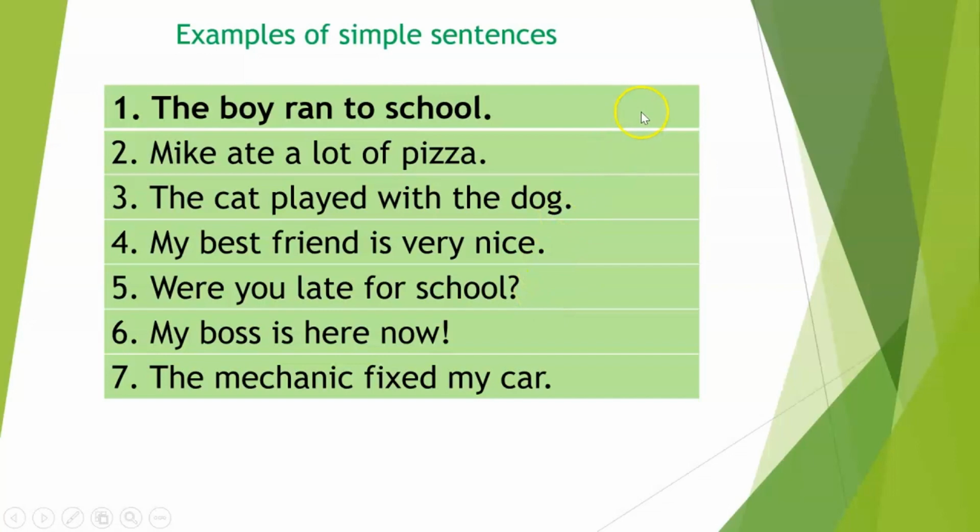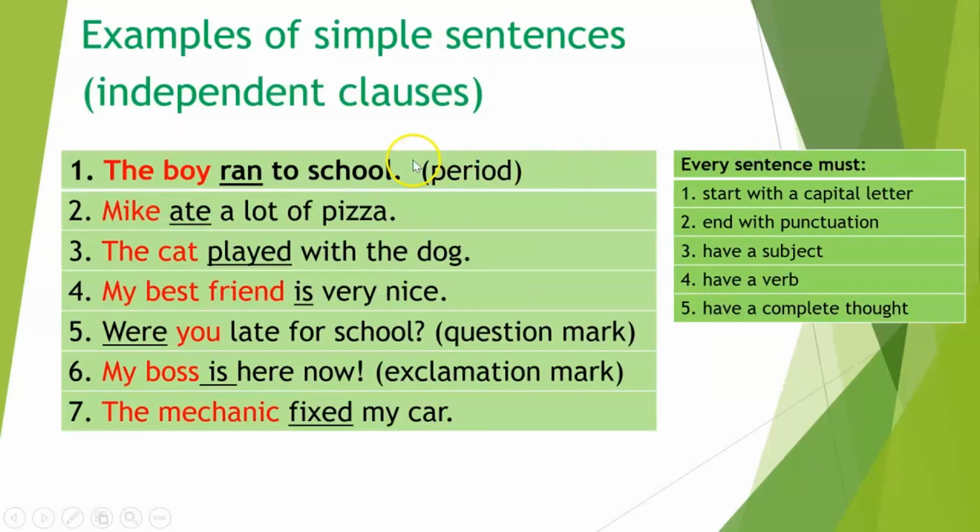Now, each of these is what we call a simple sentence, or we can call them independent clauses. Now, let's take a closer look at these. The first thing we're going to know is that we're going to have a subject and a verb. The boy ran. Mike ate.